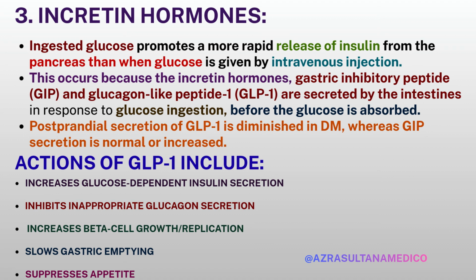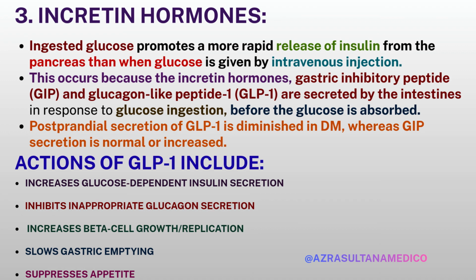Incretin hormones are gut-derived hormones that enhance insulin secretion in response to oral glucose intake. When glucose is ingested, it stimulates a greater and more rapid insulin response compared to intravenous glucose administration. This phenomenon is known as the incretin effect. The incretin effect occurs because hormones are released from the intestines as soon as glucose enters the gastrointestinal tract, even before significant absorption into the bloodstream.